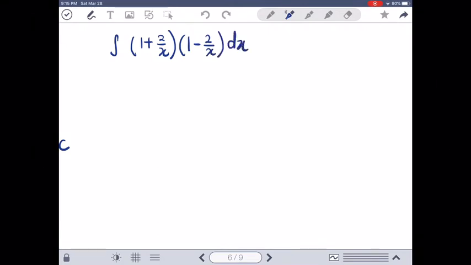Again, for integration, we do not have a composite rule or product rule. No, we do not have. You need to expand, simplify, then only you integrate.